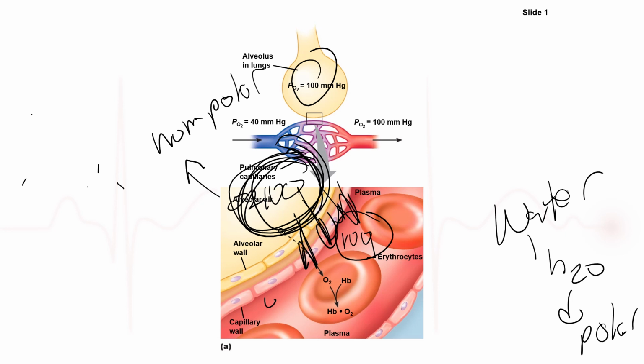Because that oxygen that moves from the air in the alveoli into the blood plasma, it'll bounce around like crazy, and it very quickly drives the partial pressure of oxygen within the blood plasma up to 100. And then they're at equilibrium.